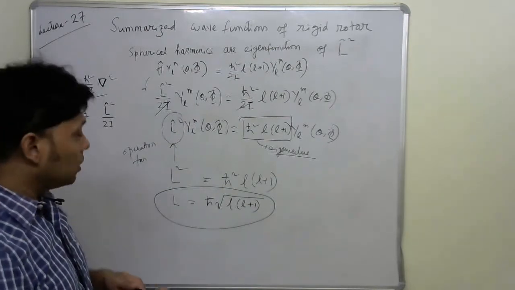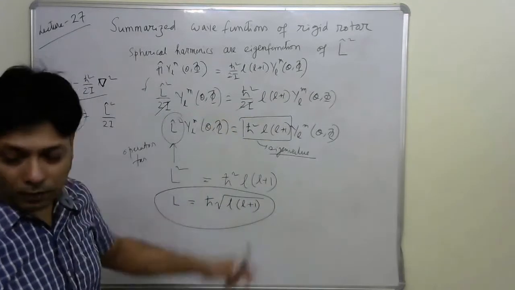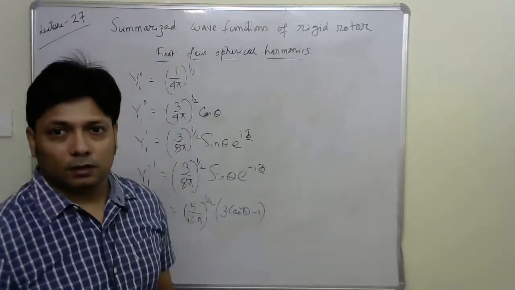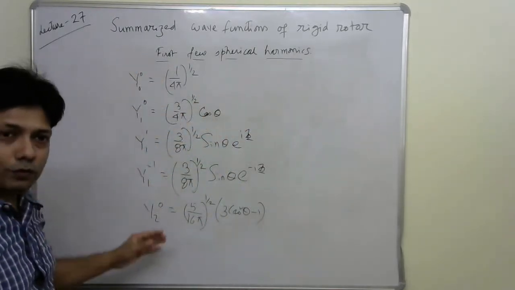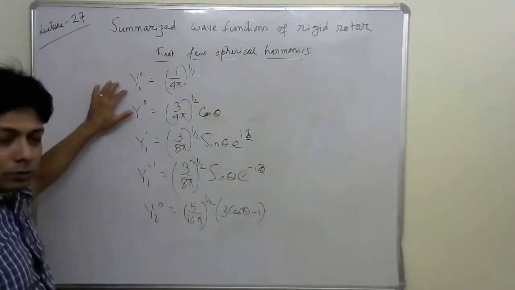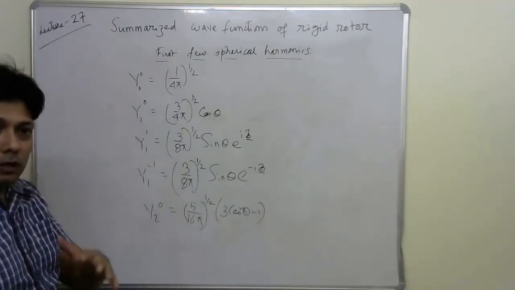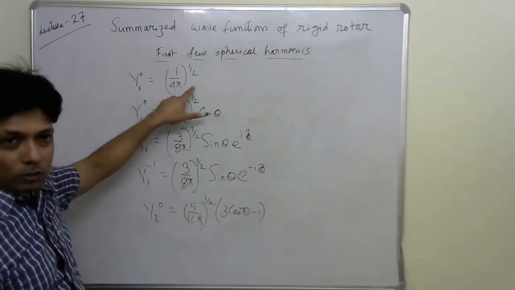Alright, so now is the time to get a list of the spherical harmonics for different L and M values. Okay, so here we are with the list of the first few spherical harmonics. If you put the value for L equal to 0 and M equal to 0 in the expression that I have already given, you should be able to find this.